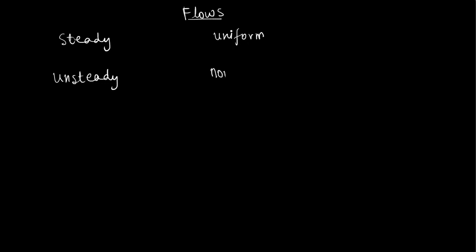Flows can be of different kinds. We can have steady flow, we can have unsteady flow, we can have uniform flow, and we can have non-uniform flow.